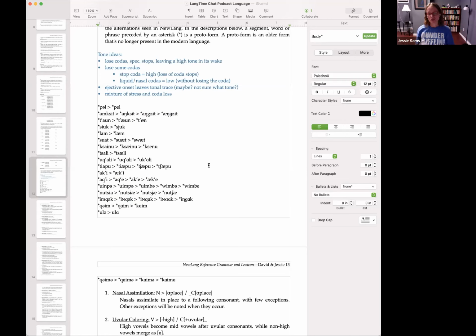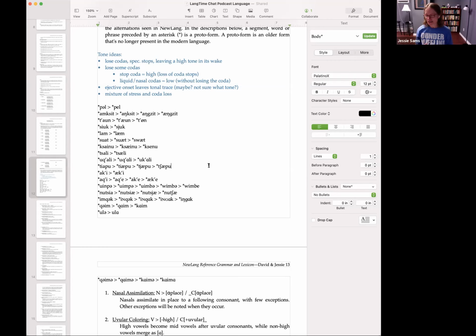But then we also had said maybe that coda would not actually be lost, but it would create a low tone. And then ejective onset leaves a tonal trace, maybe, but not sure what tone. And a mixture of stress and coda loss is the 4th option. So we left it there last time.